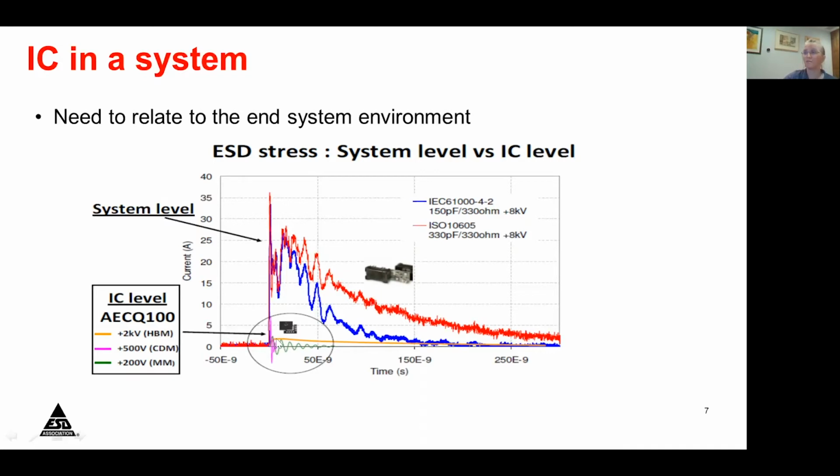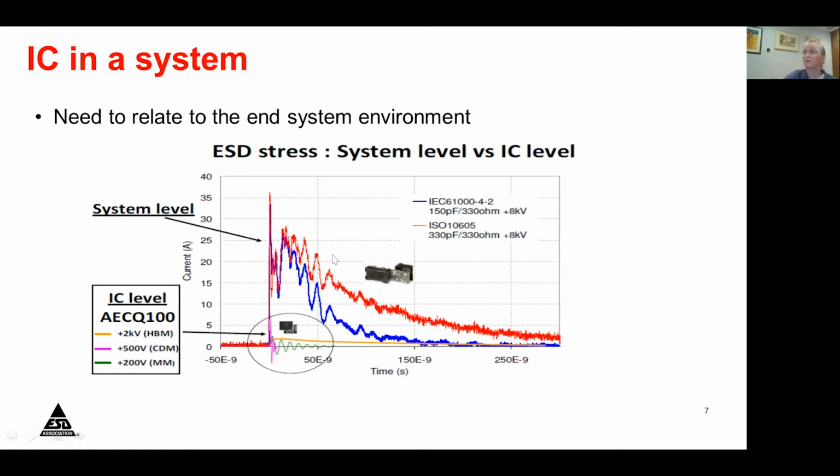So 2000 volts human body model is, as a general statement, a level that we target for ICs to withstand. And there are test methods and models associated with both designing for and testing and guaranteeing compliance with those levels.